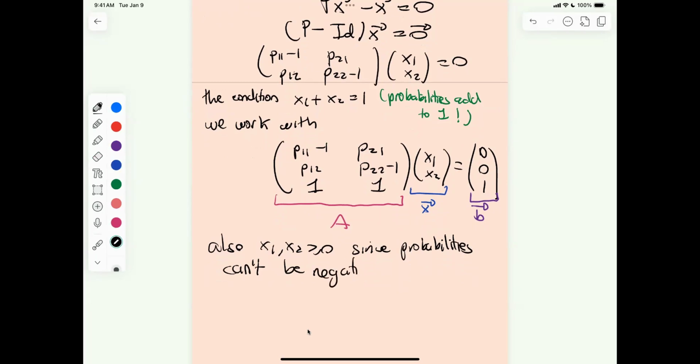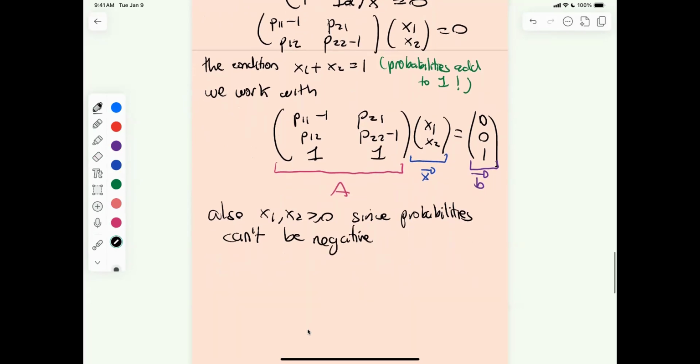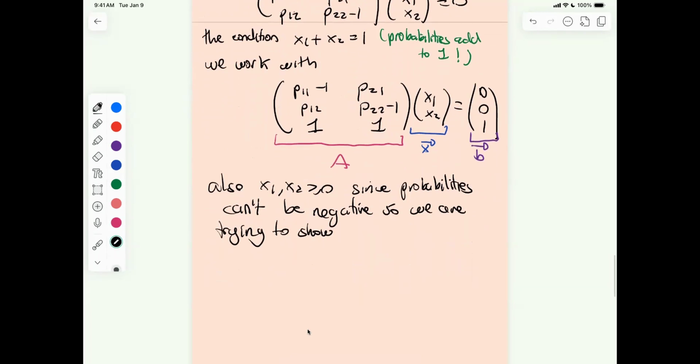What we're trying to show is that x greater or equal to 0 and Ax equals b has a solution.